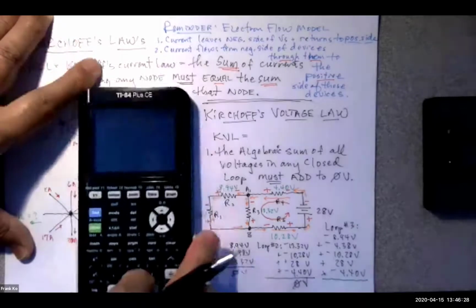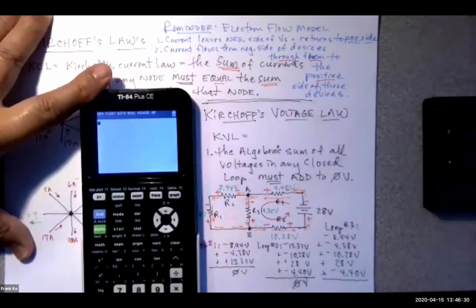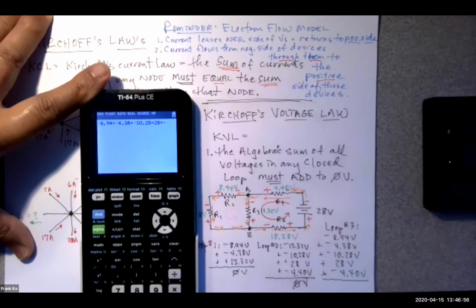So now let's see mathematically how all this works out. So change sign, negative 8.94, add that to change sign, 4.38, add that to change sign, 10.28, add that to a regular 28, add that to a negative 4.40, and then hit enter.